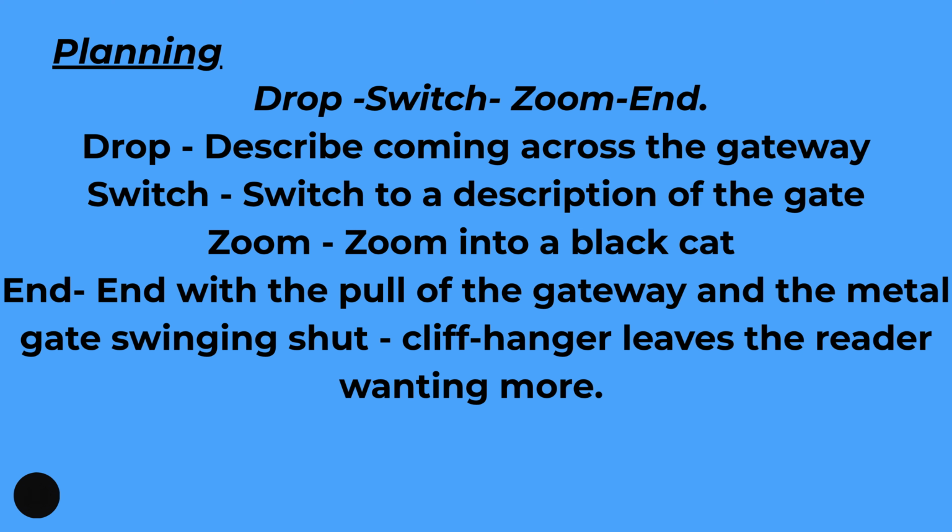Zoom, I'm going to zoom into a black cat, another symbol or motif of mystery, possibly death, the supernatural, that sort of thing. And then I'm going to end with the pull of the gateway and the metal gate swinging shut behind me. This is a cliffhanger, leaves the reader wanting more, leaves the reader with questions.